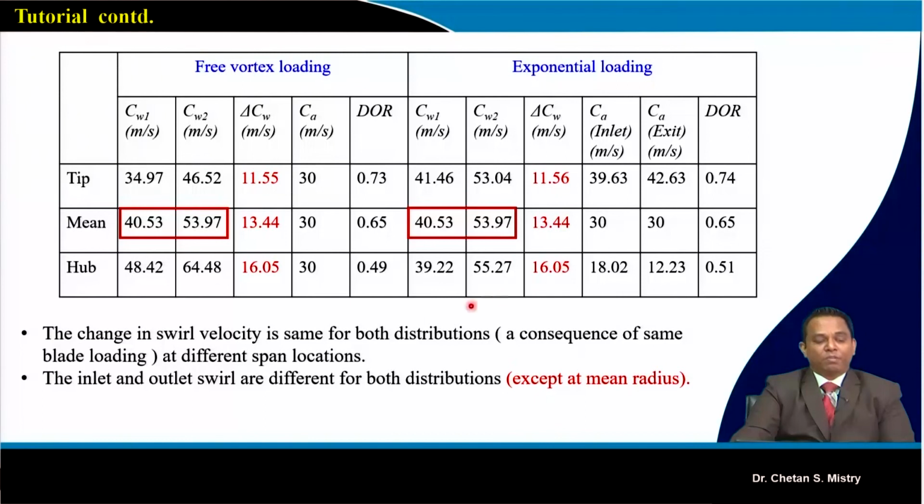If you look at the entry Cw1 and exit Cw2 for both the methods, at the mid station they are the same. But when we are comparing near the hub region, we are having a great reduction for the exponential method. And when we are comparing near the tip region, my whirl component is coming to be higher.